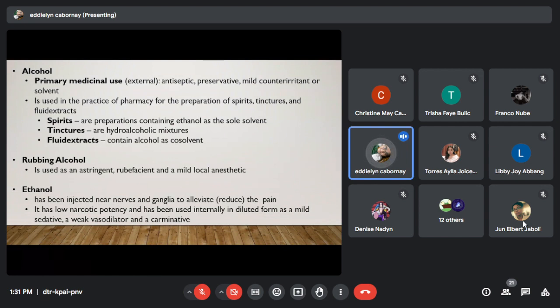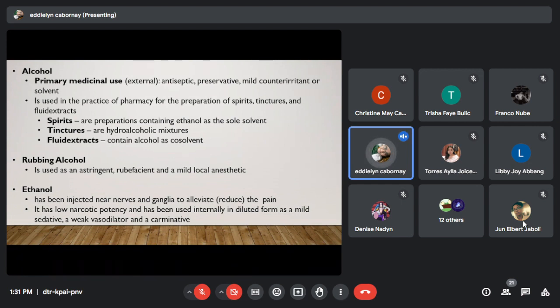So we also have rubbing alcohol, which is used as an astringent, rubefacient, and a mild local anesthetic. The anesthetic effect of rubbing alcohol results from the evaporative refrigerant action of alcohol when applied on the skin.